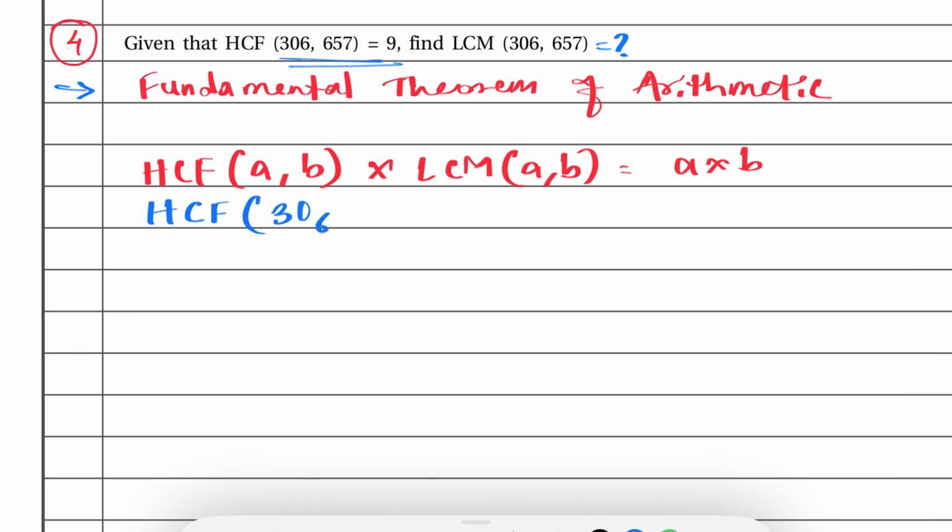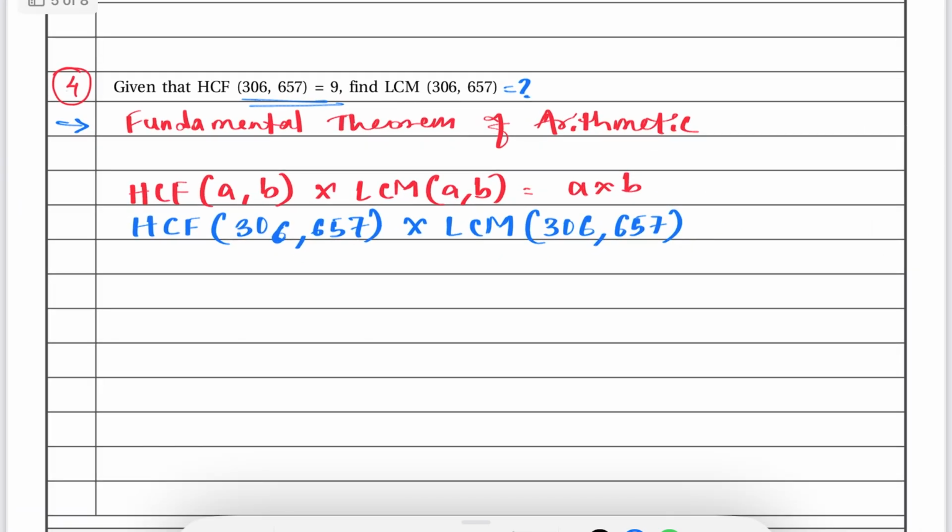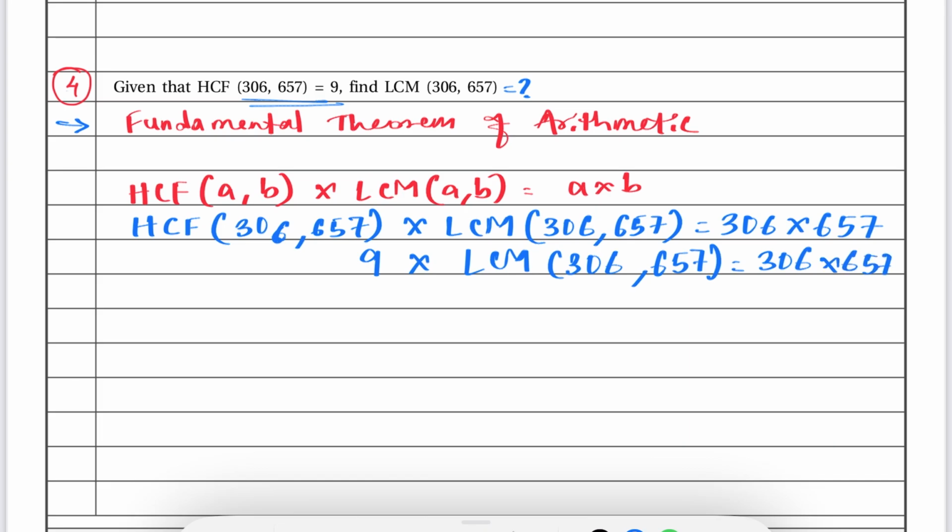So HCF of 306 and 657 times LCM of 306 and 657 equals 306 times 657. So what we write here? 9 times LCM of 306 and 657 equals 306 times 657.